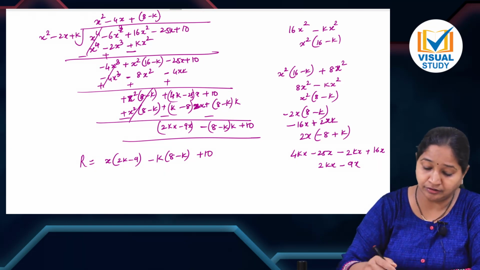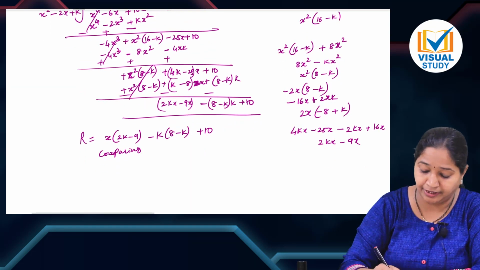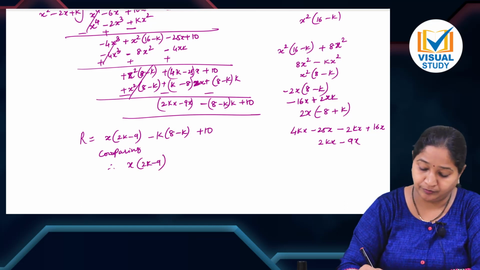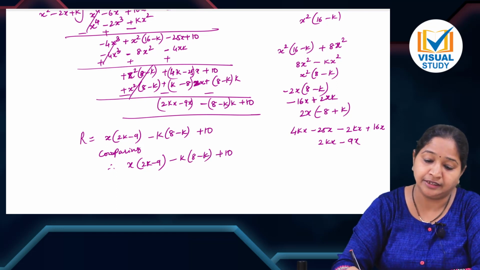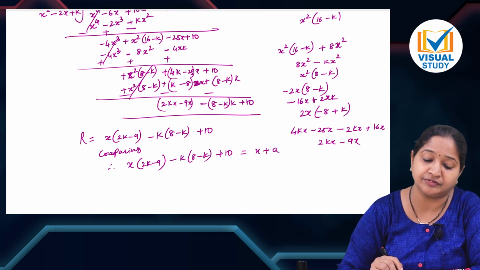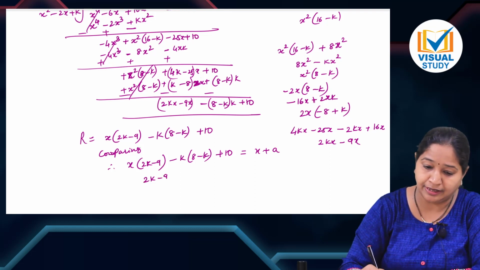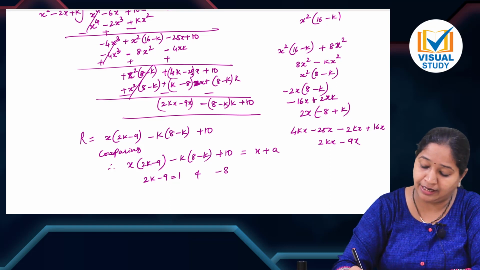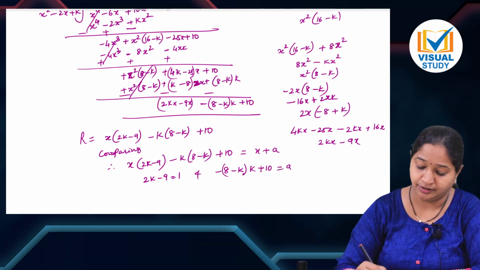Now again comparing, same like the first sum, we get x into 2k minus 9 minus k into 8 minus k plus 10 is equal to x plus a. Comparing the coefficient of x, you get 2k minus 9 equal to 1, and minus 8 minus k into k plus 10 is equal to a.